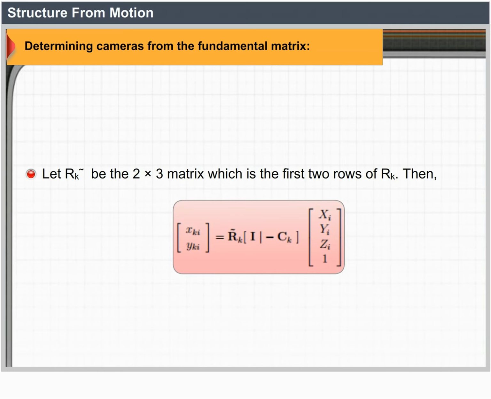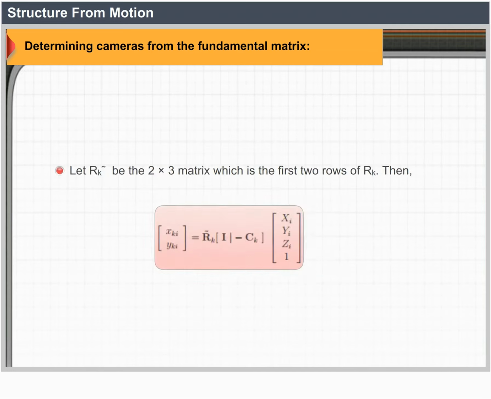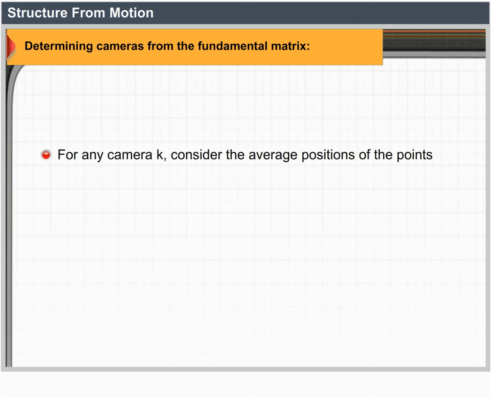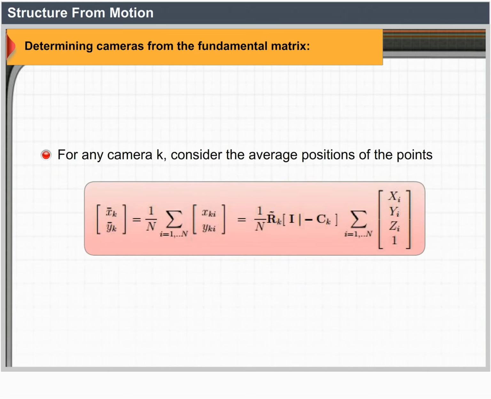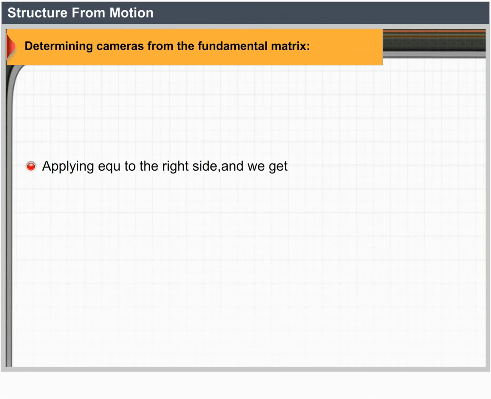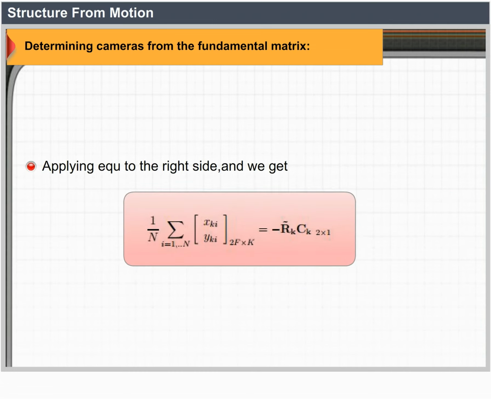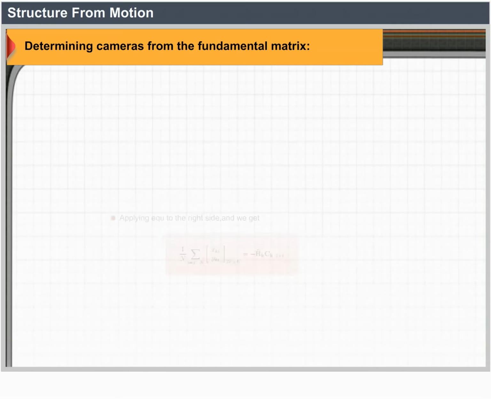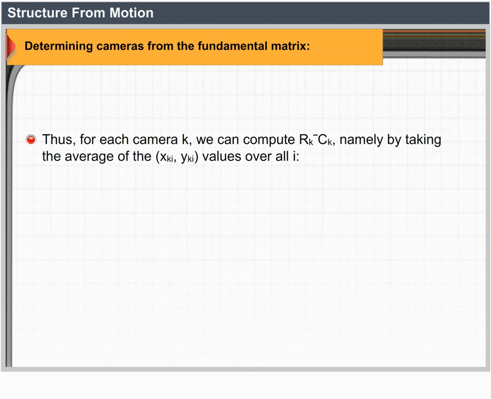For any camera k, consider the average positions of the points. Applying the equation to the right side, we get image measurement equations as shown on the screen. Thus, for each camera k, we can compute Rk tilde Ck, namely by taking the average of the xki, yki values over all i.